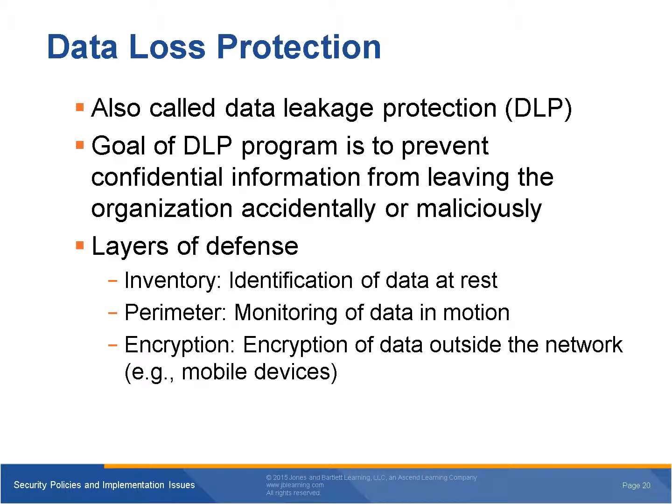How do you make sure you control any type of loss from that possibility from people within the organization? So you have layers of defenses. You have inventory, identification of data at rest, and monitoring of data in motion. Who took a look at that credit card number? And also encryption. Encryption of data outside the network, particularly for mobile devices.